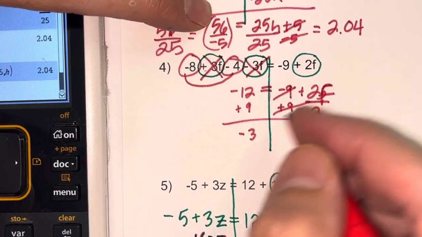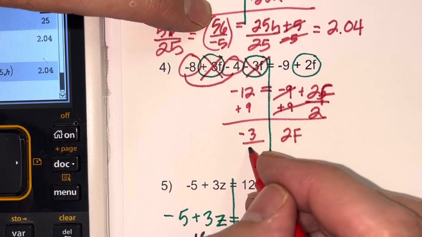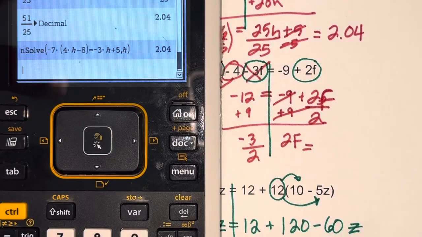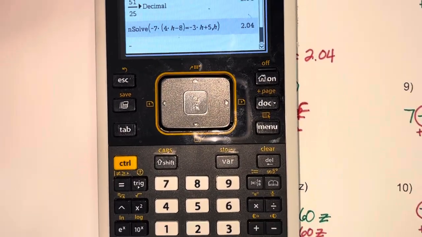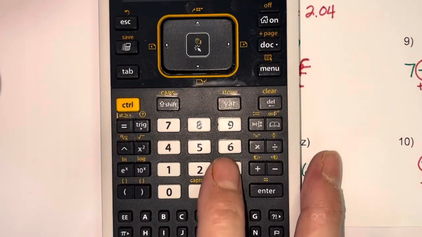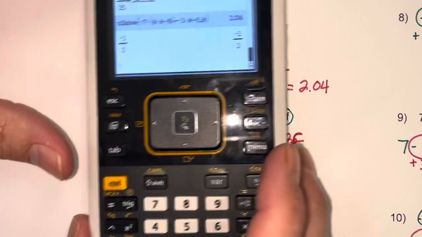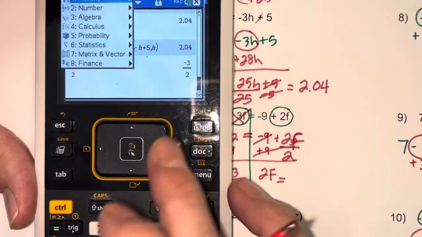and then divide both sides by 2 here, so we got 2f, so we have -3, using the negative integer key down below, we have -3 divided by 2. So -3 over 2 is going to be converted.